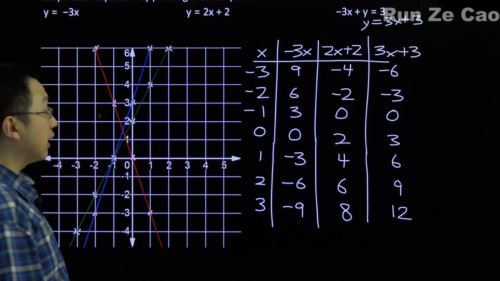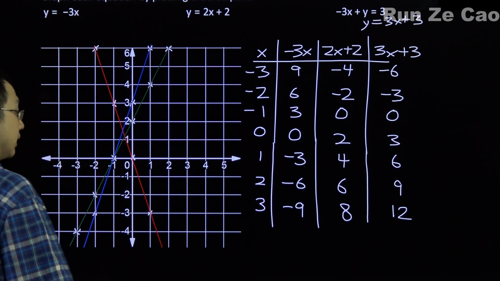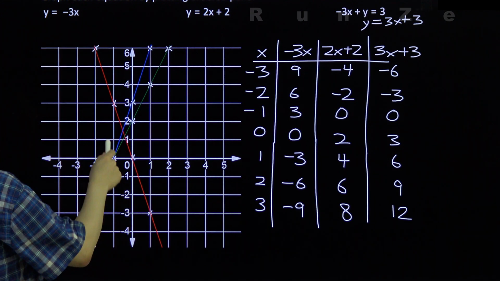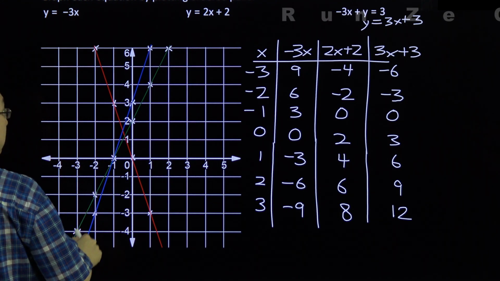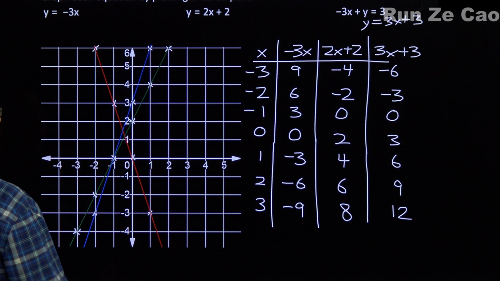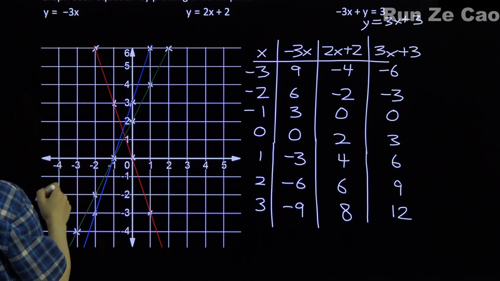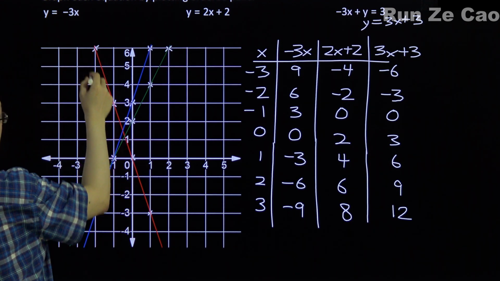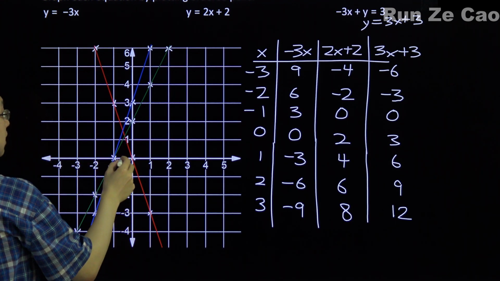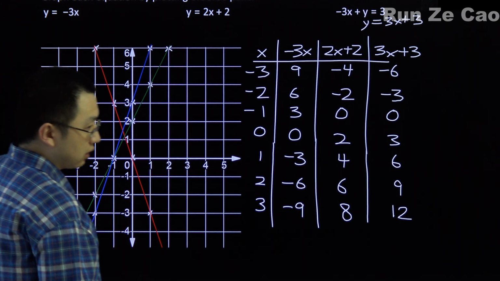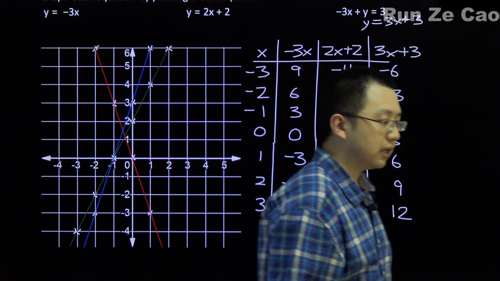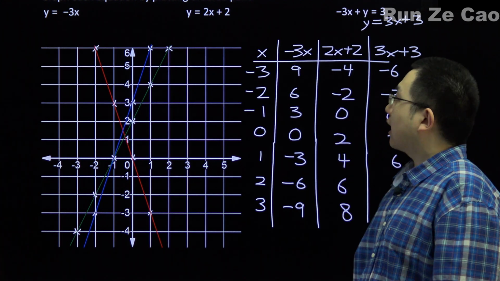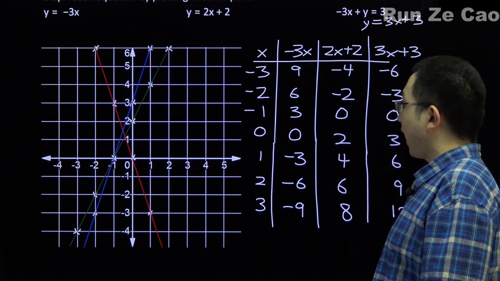The y-axis is found at x equals 0. Hence, that's this point. Now for 3x plus 3, we notice that it's steeper. The slope is 3, and it also has a y-intercept of 3. Now for -3x, that passes through the origin, (0, 0), because there is no y-intercept term being added or subtracted. It's just a multiple of x.